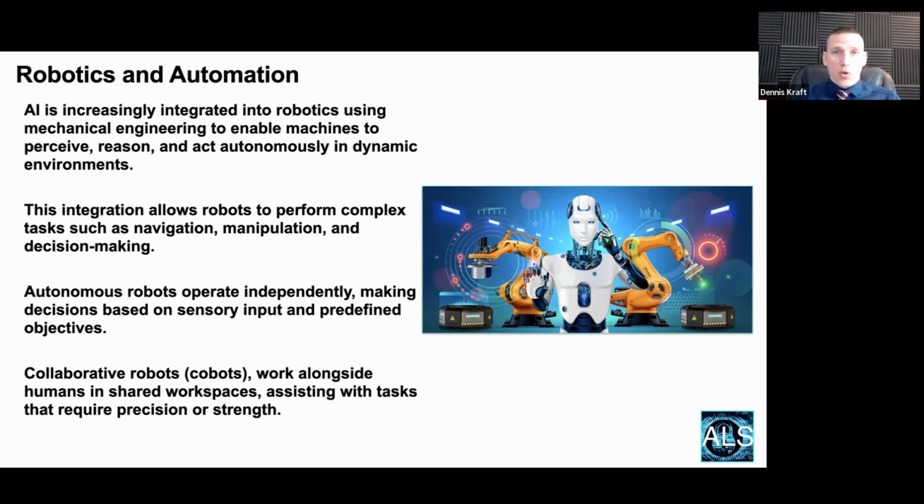That can be very useful for large access control areas, or in the event of an emergency where you have multiple people evacuating, and you don't have time to have everybody scan their badge as they're leaving. You can quickly track people as they're flowing in and out of a space. So that's another application of AI-assisted recognition.